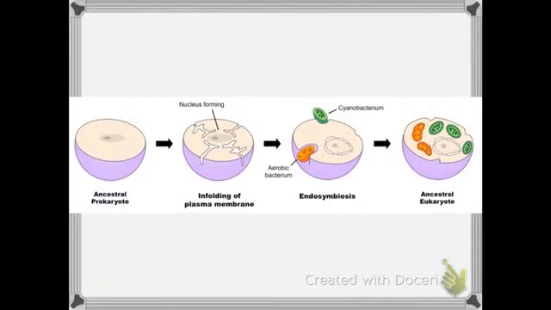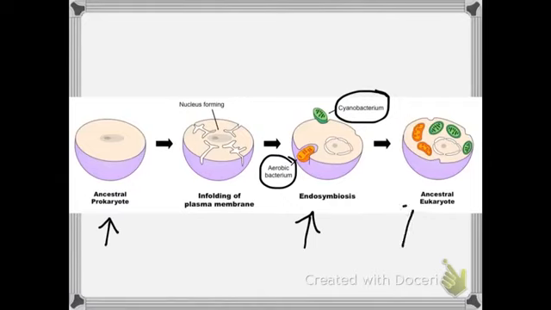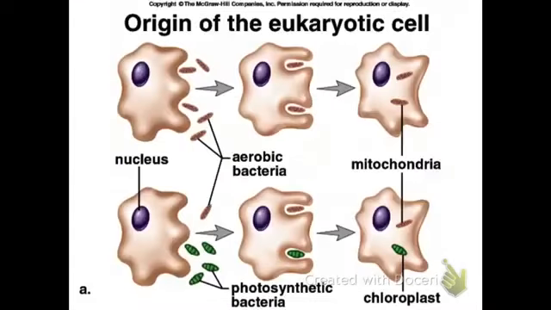Here's another diagram that shows a prokaryotic cell with ancient aerobic bacterium and photosynthetic bacterial cell entering a larger prokaryotic cell to form an ancient eukaryote. Observe the sequence of events in how the eukaryotic cell is thought to have formed.